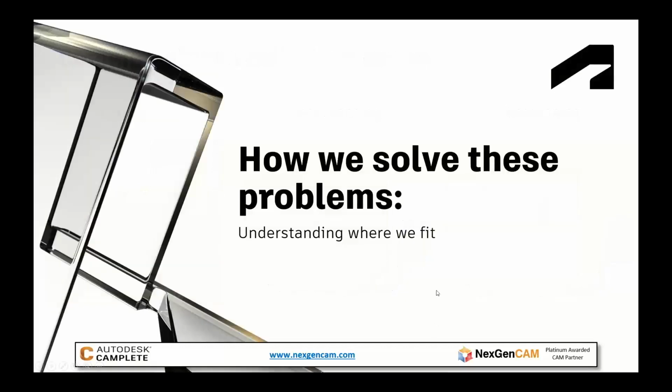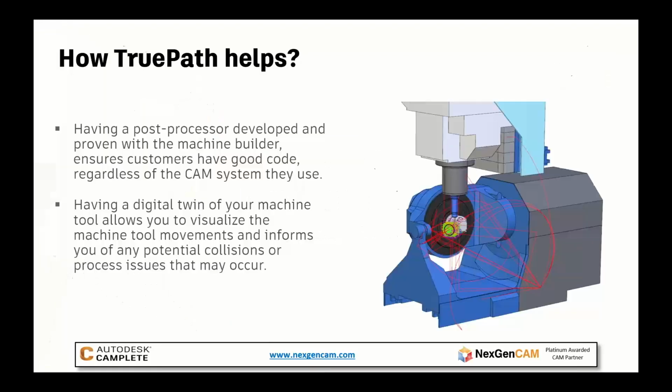So at that point, how do we go about solving those issues and giving you that insight into what the machine will be doing? That is what I wanted to dive into a little bit more today. Reiterating that point, having proper code, having a post-processor really dedicated to that machine is going to be the first step in assuring that this transition happens effectively.